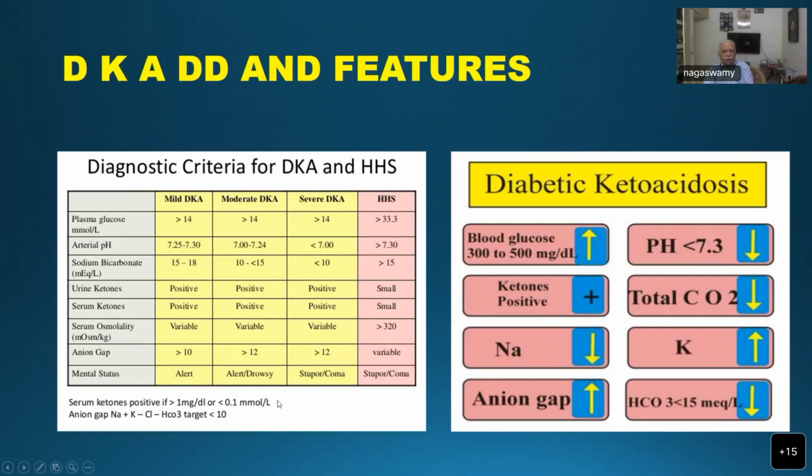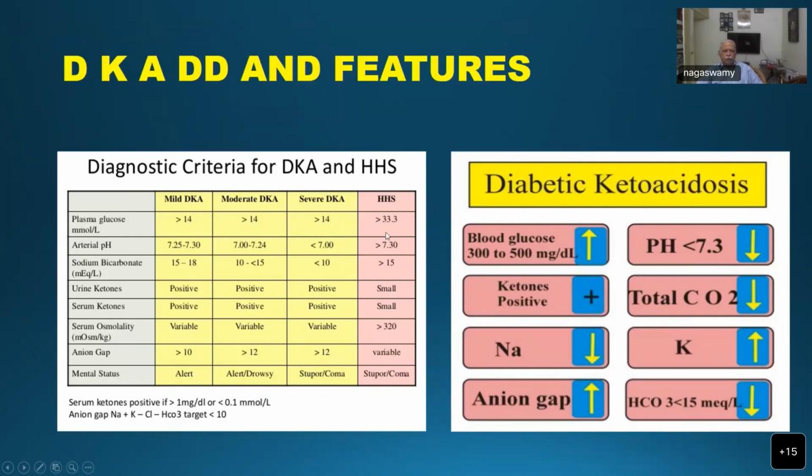The differential diagnosis for DKA is hyperglycemic hyperosmolar syndrome, where the blood plasma glucose will be very high. In DKA it may go to a maximum of 14 millimoles, whereas here it may go up to 33.